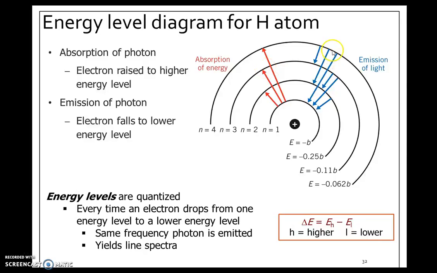And so when it goes from a higher level to a lower level, it emits, and it emits in the form of light. Now, sometimes that light is visible to us. Sometimes it's only visible in a way that we could detect through instrumentation. So in order to find the energy change, you go to energy of the highest minus energy of the lowest.